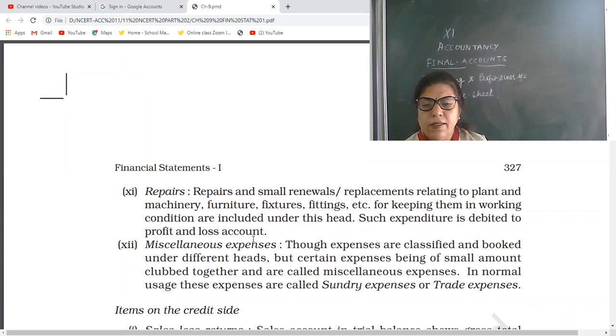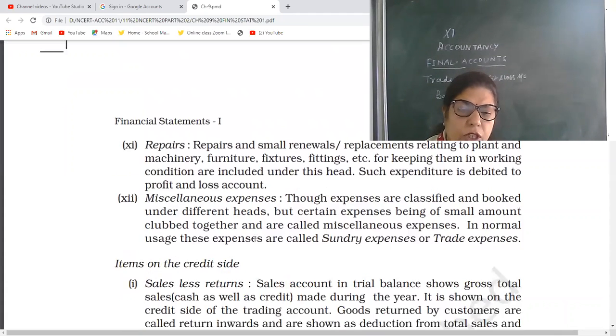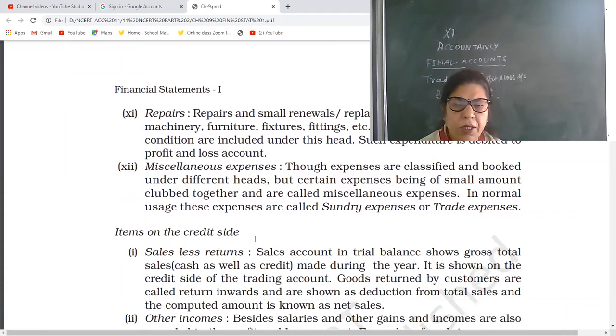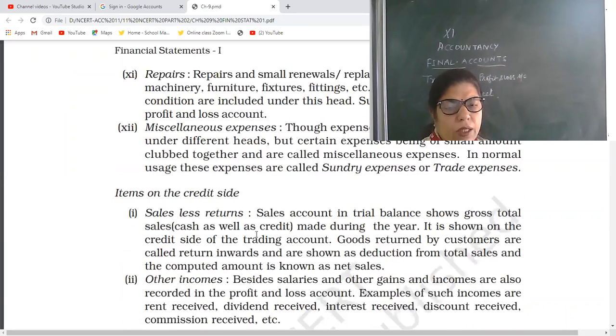Very good. Various expenses, sundry expenses, miscellaneous expenses, trade expenses. Okay. Now see what items will be on the credit side. Simple. In the trading account, sales less returns. See, gross sales means cash or credit total, then minus sales return, then the amount will come as net sales.